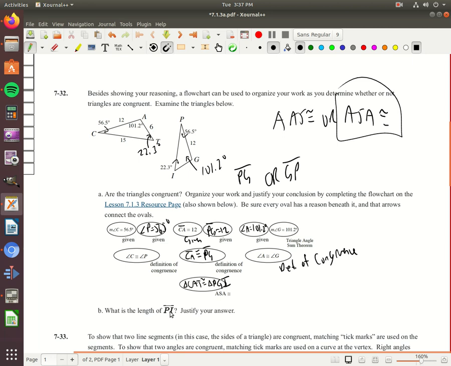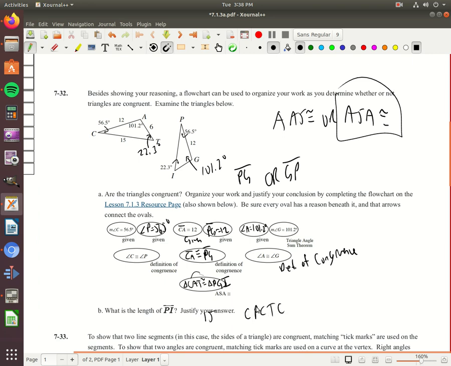And then it says, what's the length of PI? Well, I know that the length of CT is 15, right? The first and the third spot, that line is 15, so the first and the third also must be 15. And this is known as corresponding parts of congruent triangles are congruent.